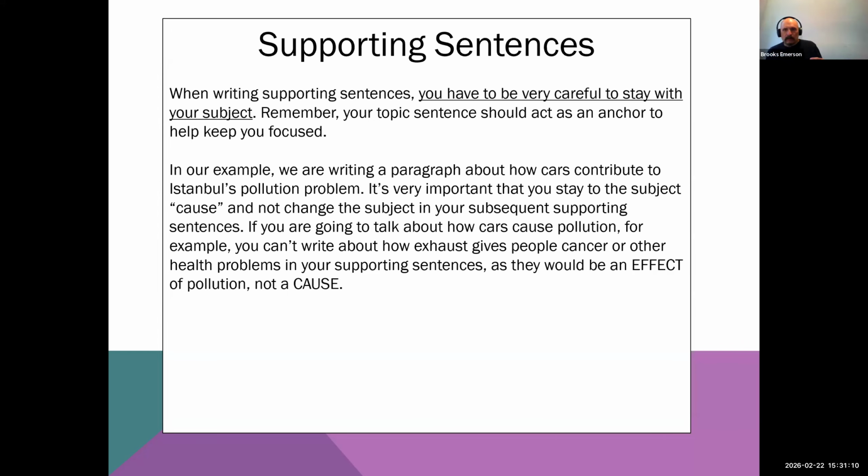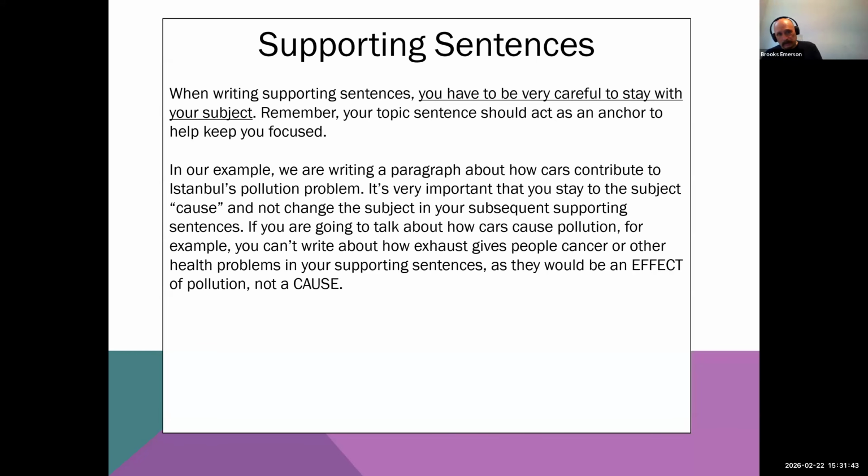So, for example, we're writing a paragraph about how cars cause pollution in Istanbul. But if you write something like, cars cause pollution in Istanbul. First, they cause air pollution. So far, so good. You're still talking about pollution and cars. But then if you say air pollution causes a lot of cancer in people, well, that's not really a cause of pollution.